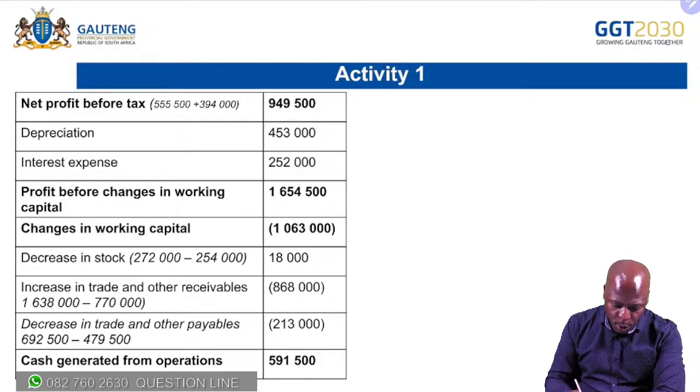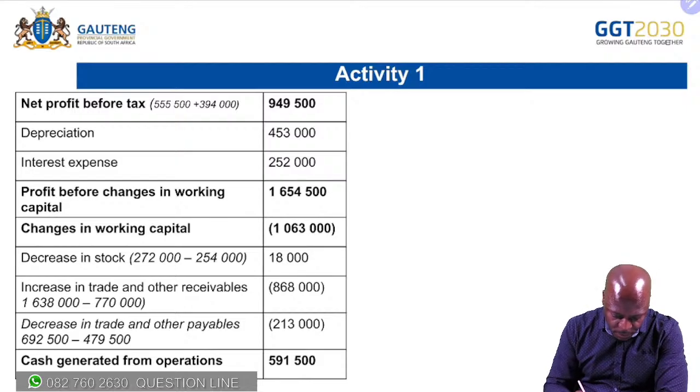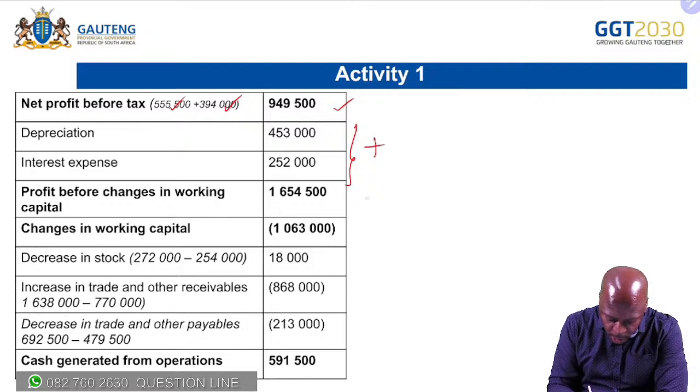Okay. So this is the complete version of it. Here is my net profit. Remember that calculation, and you have this one. And remember, I added this, and then I got my 1,063,000. Then 1,654,500. And then I subtracted my 1,063,000, which was an addition of this.